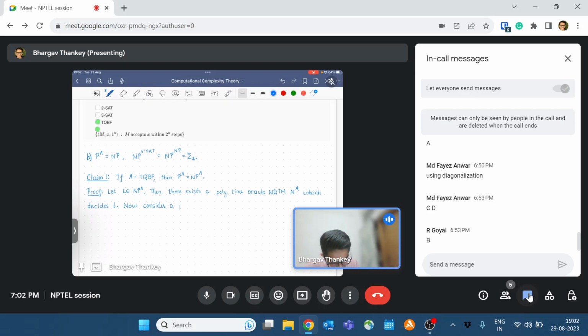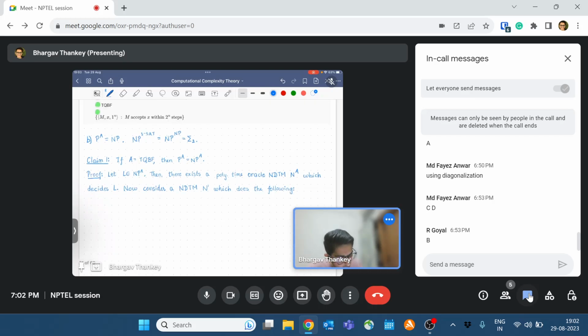Now consider a polytime non-deterministic Turing machine N prime, which has the following behavior.